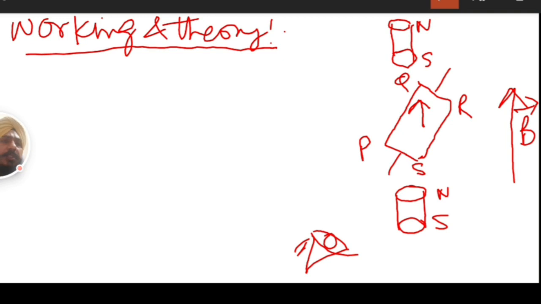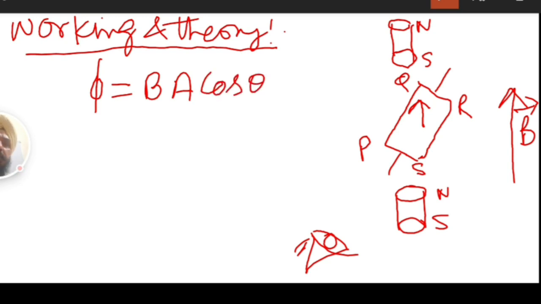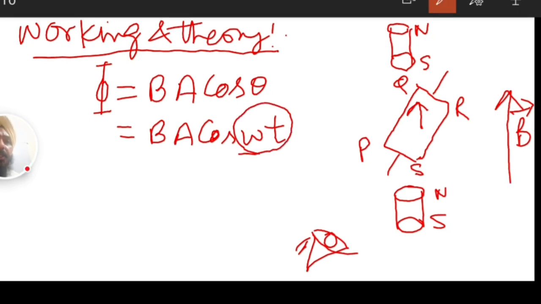If the area is upwards and the magnetic field is also upwards, this forms the magnetic flux as BA cos theta, as the magnetic flux is B dot A. As theta is the angular displacement, we can write it as BA cos omega t. Now first consider how we can write omega t in the place of theta.